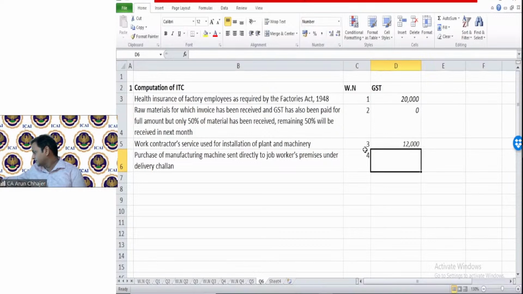Very nice comment. Very nicely done. Very nice, Pooja, Janvi, Namrata. Perfect. Now, whether ITC can be availed if the machine has not been received and has been directly sent to the job worker premises.